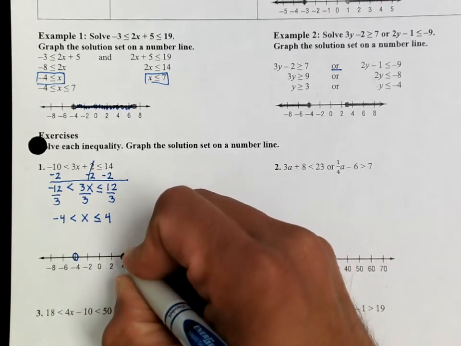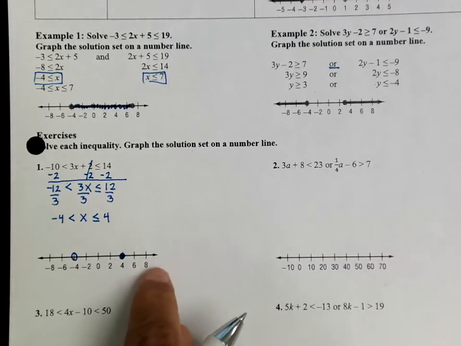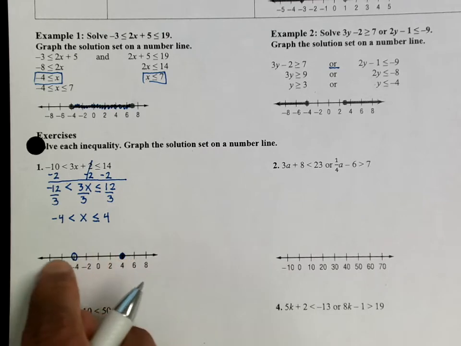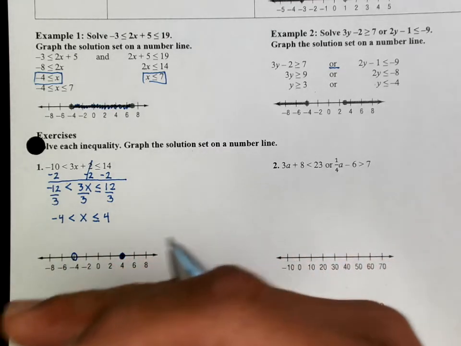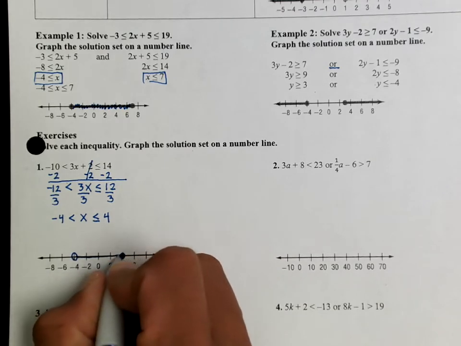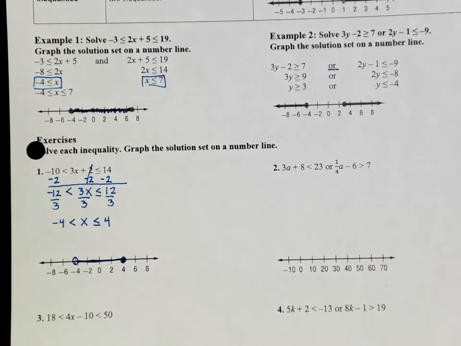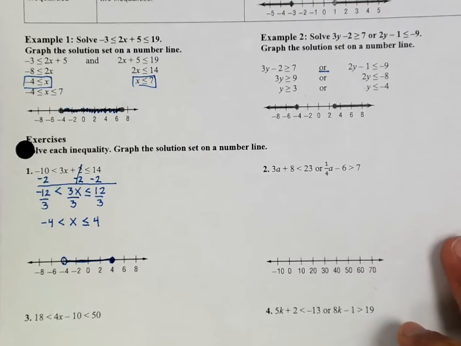Since it's equal to, that's going to include that number in the solution, and less than 4 would be everything to the left. So where the two shades overlap, that would create this set of solutions. But in general, if you have an AND statement, the shade is always going to be in the middle.